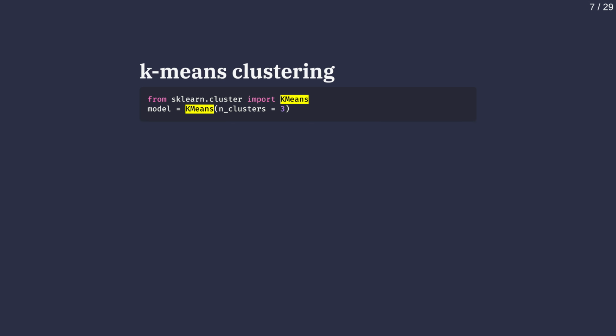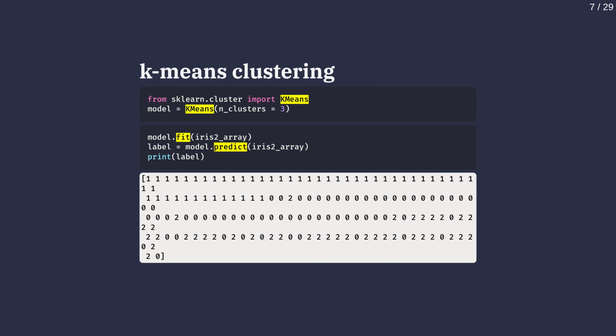We will import KMeans from the sklearn.cluster package. To run KMeans, we will have to specify the number of clusters. I will discuss how to choose the number of clusters later in my video, but right now let's set it to 3 clusters since there are 3 species of iris flowers: setosa, virginica, and versicolor. Once the model is created, we can call the fit method to fit the array.